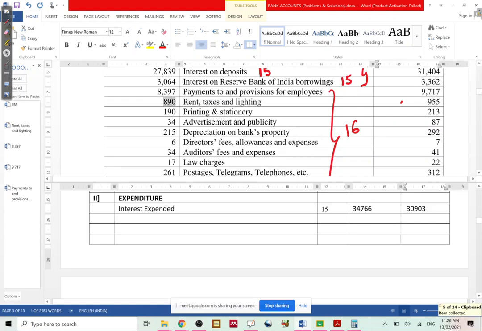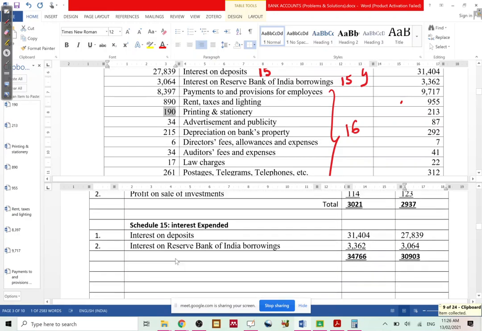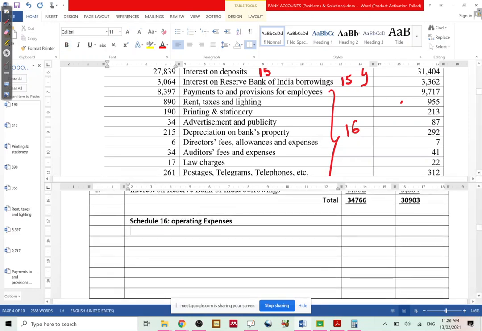Then we have rent and taxes. We have printing and stationery. Let's transfer some of these first. So make it, this is the total. This is schedule 16, operating expenses.